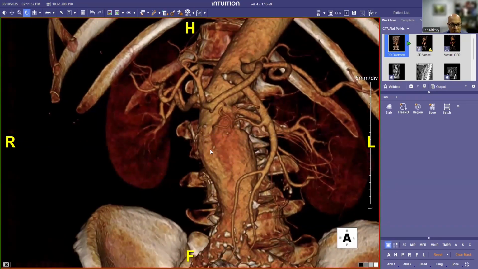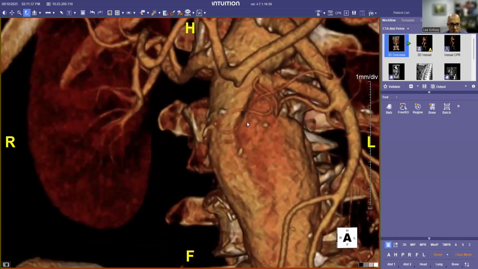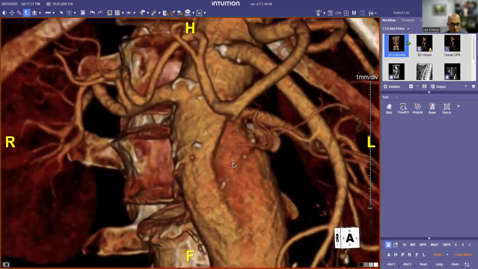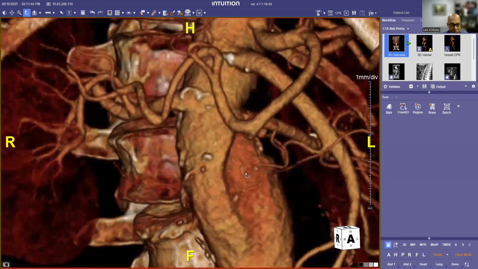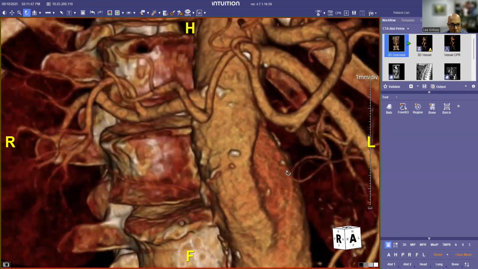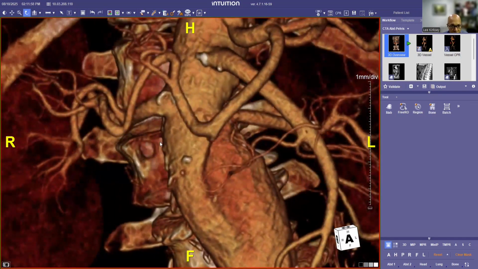And here's one of the very important features that we are evaluating for a patient with an abdominal aortic aneurysm. We want to see where what is called the aortic neck is, and how long that is. That's what distinguishes a patient that's a candidate for conventional endovascular aortic aneurysm repair with a stent graft device, when this area below the renal arteries is sufficient in both length and diameter.